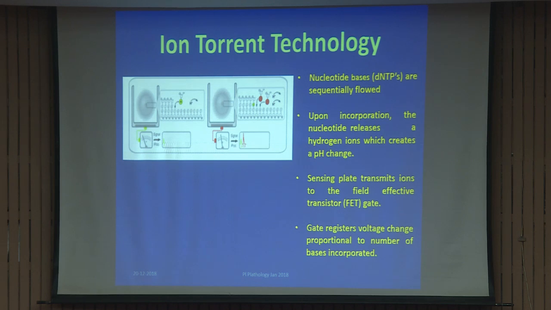Some people still use it, but it remains generally out of the market. So, this sequencing is based on the change in the voltage gradient, and you have to add each base sequentially. You can't add all the 4 bases, because they are not labeled separately. That is why the name Ion Torrent. Next.